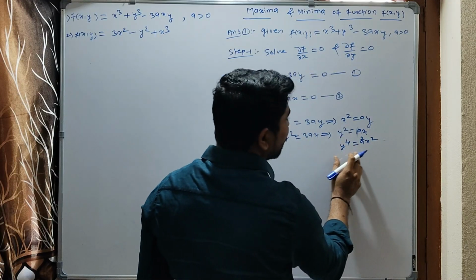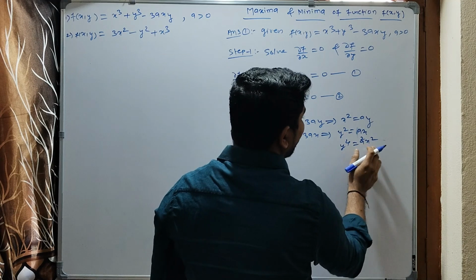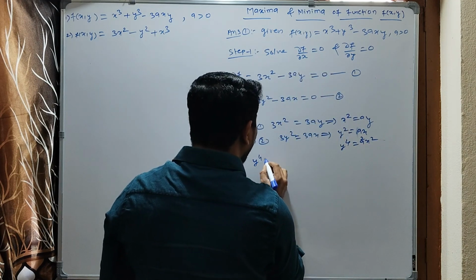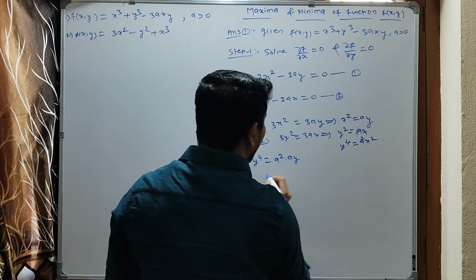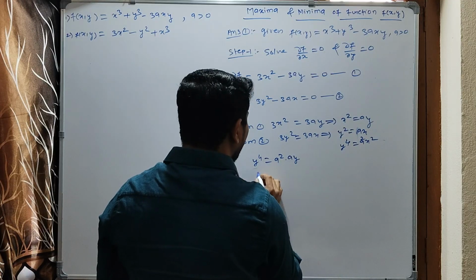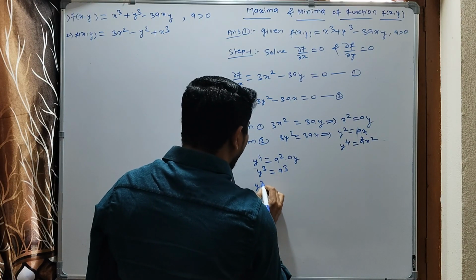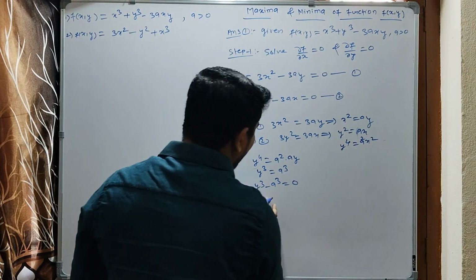I am taking squares on both sides: y power 4 equal to a square x square. Now the value of x square is a into y, so y power 4 equals a cube y, so y power 3 equals a cube. Now y cube minus a cube equal to 0.